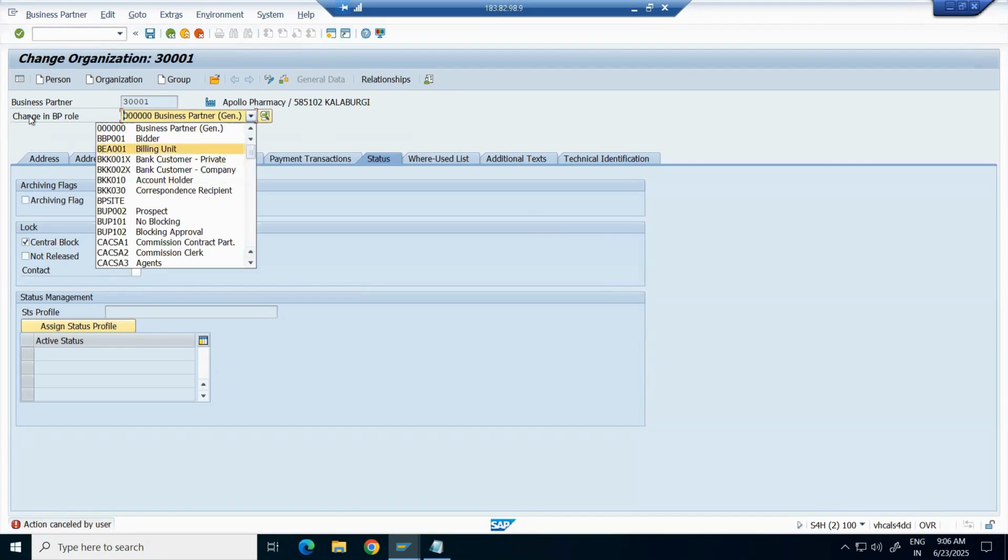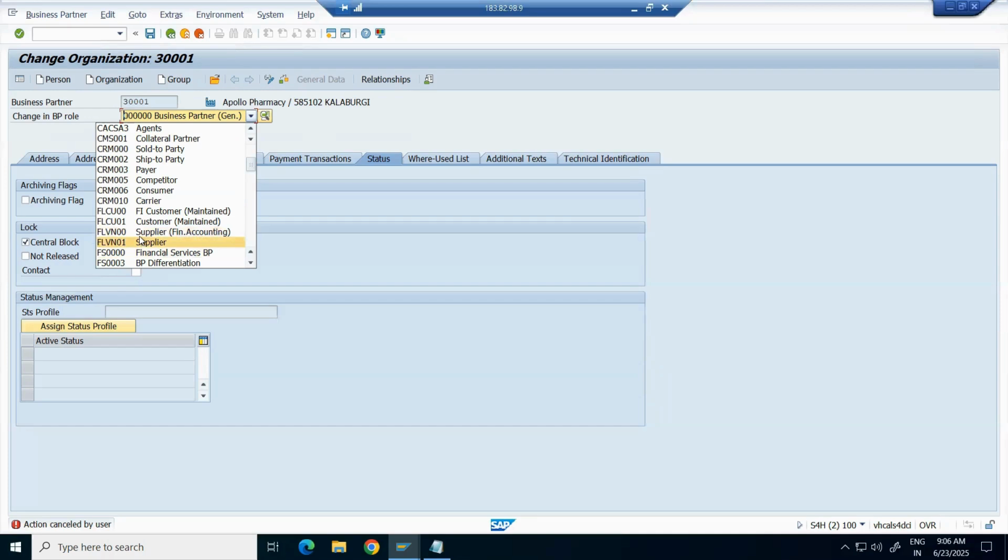This is the BP role, the change BP role option we are selecting. Okay, come to here. See, FLVN00 supplier, FLVN01. Again, you will have two different things here. See why we have these two different roles?